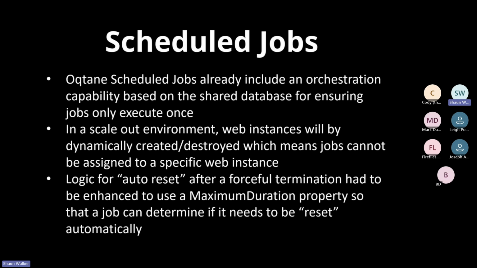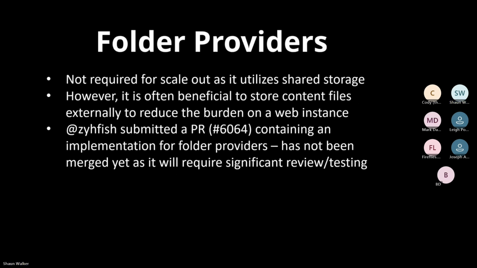The alternative of not having this feature is that a job would stay in the executing state and none of the web instances would run it, and you wouldn't know that the job isn't running the way it's supposed to. The whole purpose of a scheduled job is to run without having to monitor it constantly, so this should take care of that scenario.